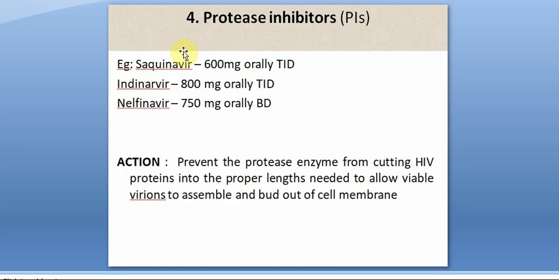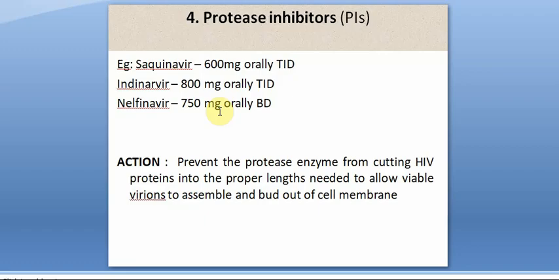Next classification is protease inhibitors. In protease inhibitors, commonly we give the drugs indinavir as well as nelfinavir and saquinavir. Saquinavir, when it is given, is 600 mg orally 3 times a day. Indinavir we are giving 800 mg orally 3 times a day.